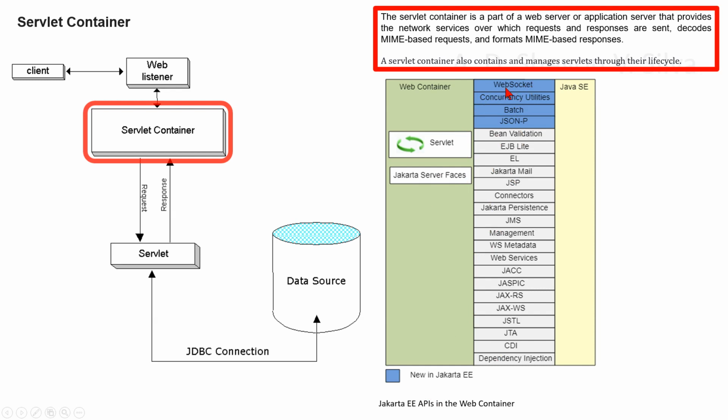The WebSocket, concurrency utilities, batch and JSON-P are new APIs in Jakarta EE. You can see bean validation, EJB Lite, EL, Jakarta Mail, JSP, connectors, Jakarta persistence, JMS, management, WS metadata, web services, JACC, JASPIC, JAX-RS, JAX-WS, JSTL, JTA, CDI, dependency injection, and next to it it's connected to Java SE.